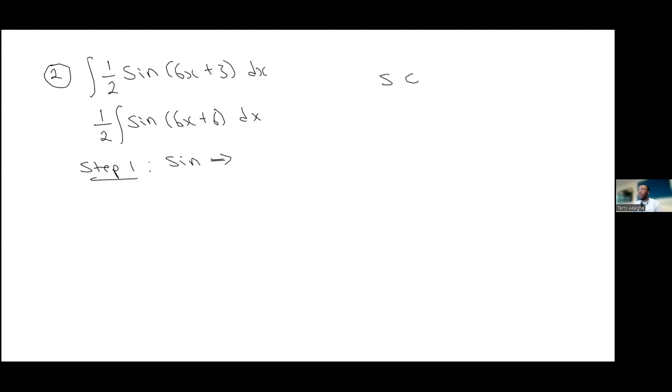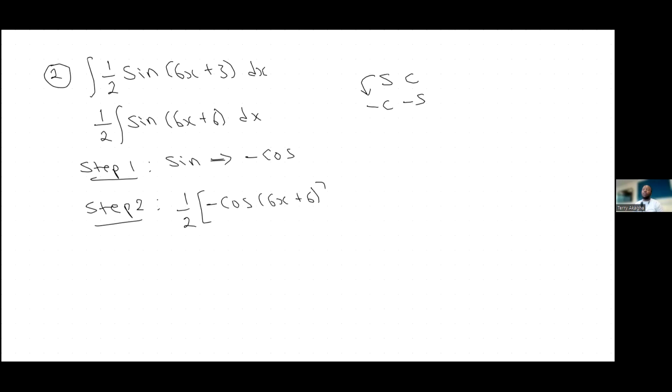So when you integrate sine, it's going to give us minus cosine. So that means for this, we're going to have minus cosine. Now step 2 is that we have to replace sine in the question. So it's going to become 1 over 2, and instead of sine, we're going to have minus cosine 6x plus 6.